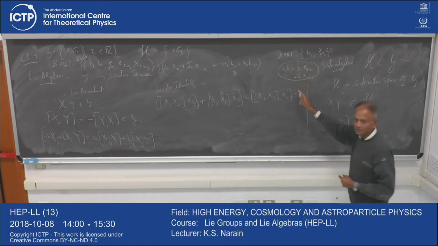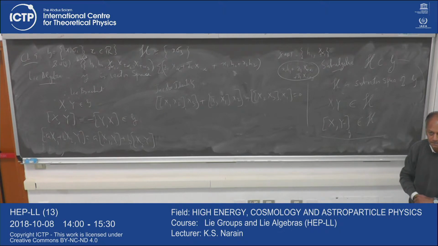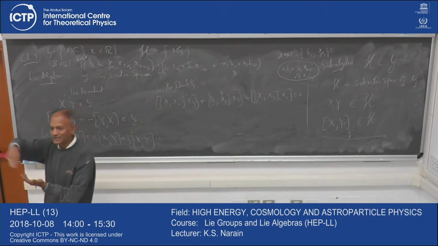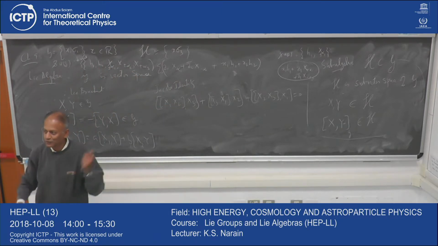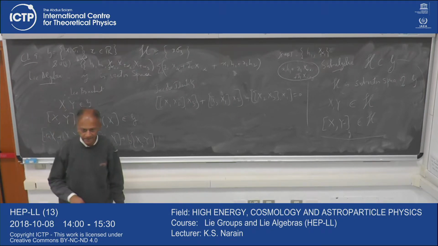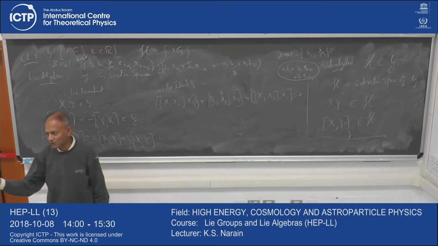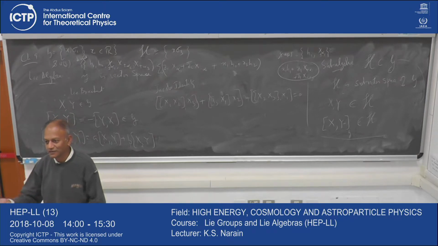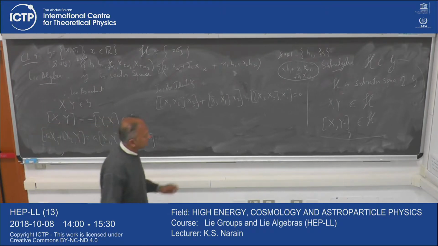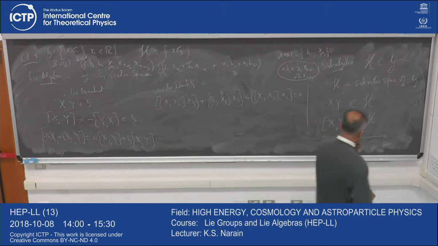So this gives one SU2 subalgebra. If you choose alpha 2, that defines another SU2 subalgebra, or if you choose alpha 3, another SU2 subalgebra. So many SU2 subalgebras are there. Of course, the Cartan subalgebra is also a subalgebra, but it's an abelian subalgebra. Here it's slightly more complicated because the subalgebra is also non-abelian.